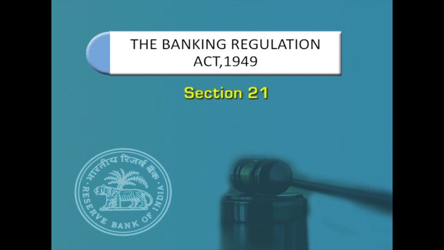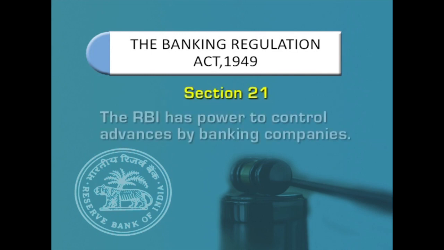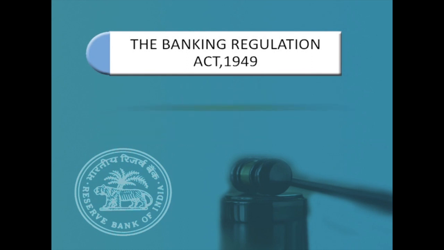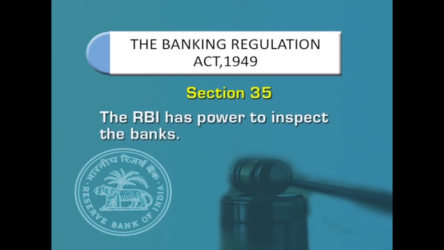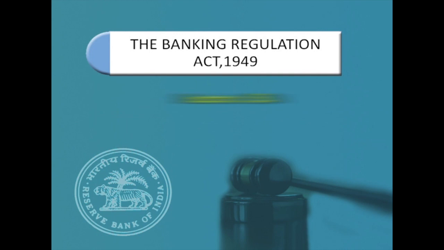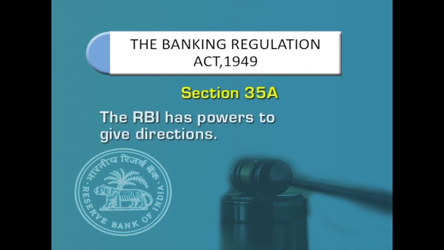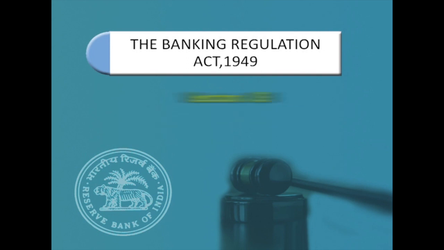1. Under Section 21 of the Act, the RBI has power to control advances by banking companies. 2. Under Section 35, the RBI has power to inspect the banks. 3. Under Section 35A, the RBI has powers to give directions. 4.